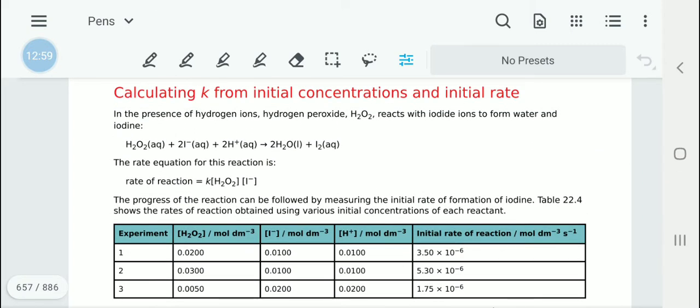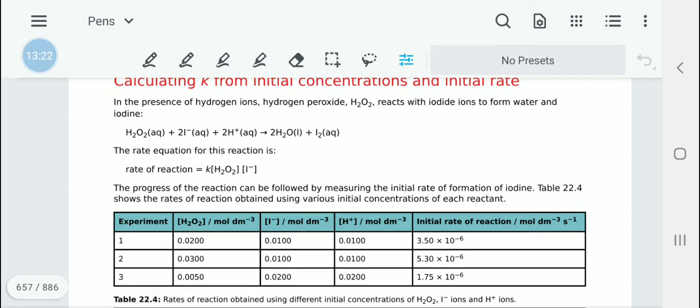For the below reaction, H2O2 aqueous plus 2I minus aqueous plus 2H plus aqueous, giving 2H2O liquid plus I2 aqueous, the rate of the reaction is k[H2O2][I minus].